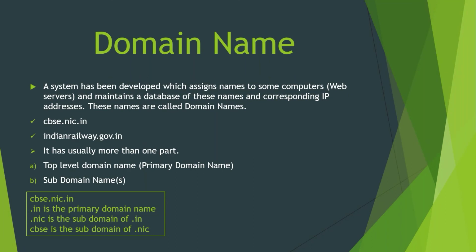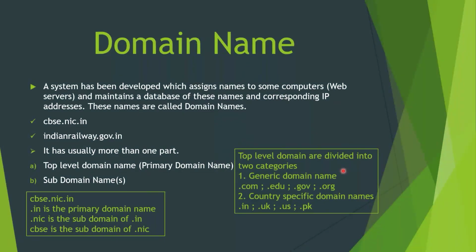Here we will see and understand the parts of a domain name in this example. cbse.nic.in. .in is the primary domain name, that is the top level domain name. .nic is the subdomain of .in and cbse is the subdomain of .nic. Now the top level domain name can also be divided into two categories.